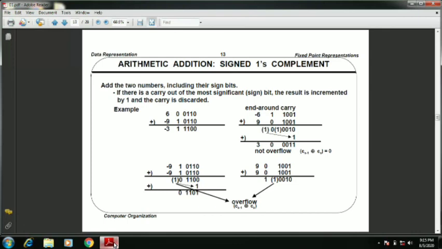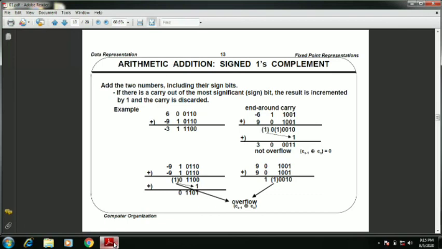Then plus 9 is 0 1 0 0 1, so you add it: 1 plus 1 is 0, carry 1, 1 plus 0 is 1, 0 plus 0 is 0, 1 plus 1 is 0, then carry 1. Again you add the sign bits: 1 plus 1 is 0, then carry 1. You get the end-around carry, that is the most significant bit carry. So you add it to the resulting bits, which are 0 0 0 1 0. You add 1 to the result, and you get the answer 0 0 0 1 1. So 0 0 0 1 1 is 3, so 9 minus 6 gives 3.